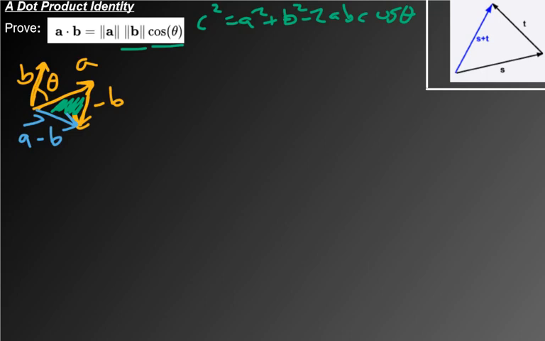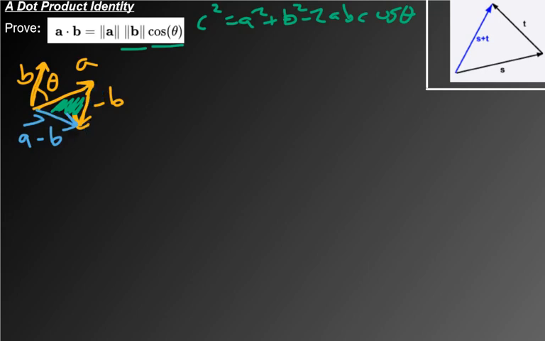It's your law of cosines. If I use a and b as the vectors, and theta is the angle here, then c from your law of cosines would be a minus b. That would be the triangle we're working with. It could be the same triangle up here also. You could do the whole problem that way too, but we're going to do it with this one.